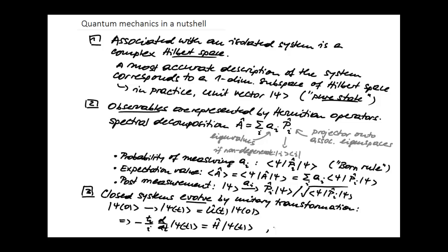And this is some Hermitian operator, which is called the Hamilton operator, acting on psi(t). So this is the differential form for time evolution. That's the Hamilton operator. And this is basically quantum mechanics on one page.